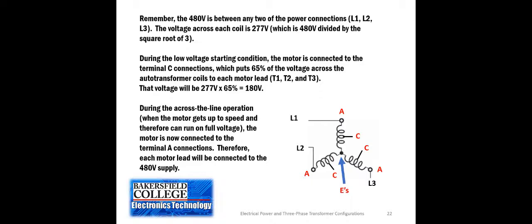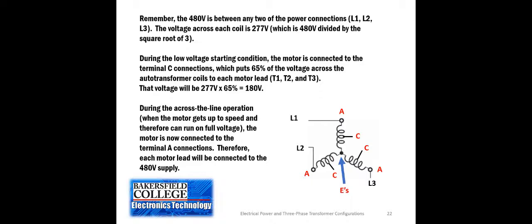Now that 180 volts is what goes into the motor itself at each point. And so we're not operating the motor on 180 volts actually. What we're doing is that 180 volts between C and E of the two coils actually is more between two of the phases going to the motor.